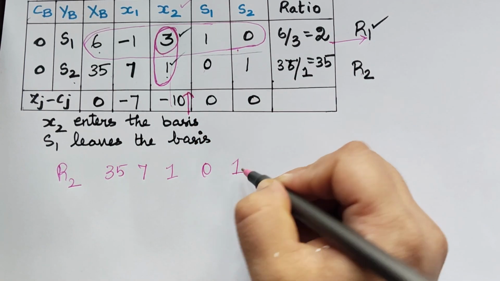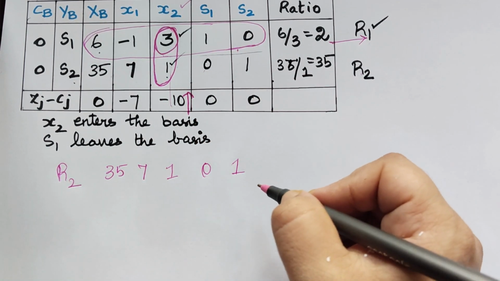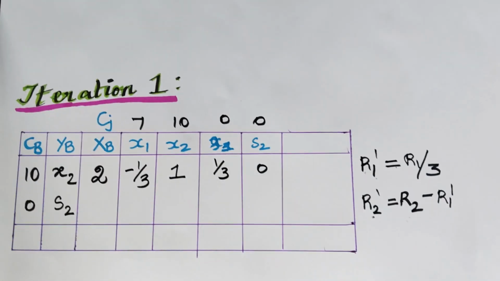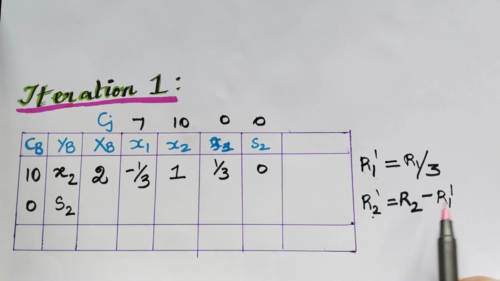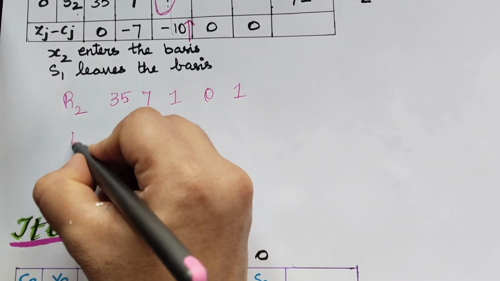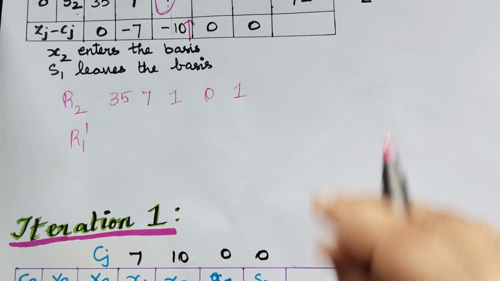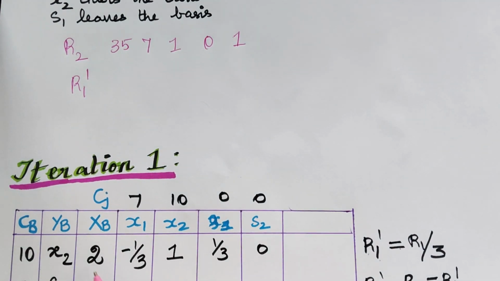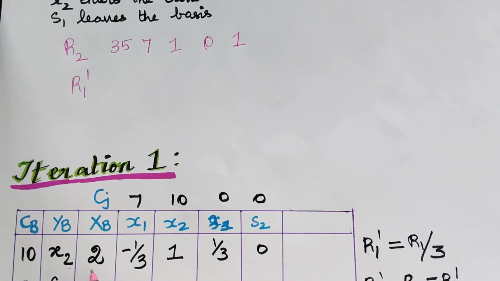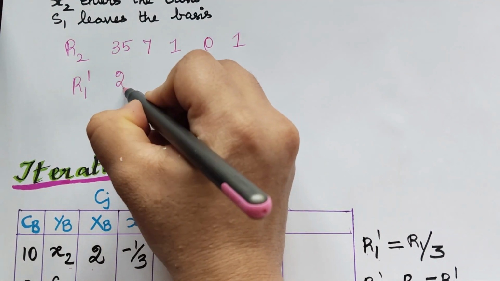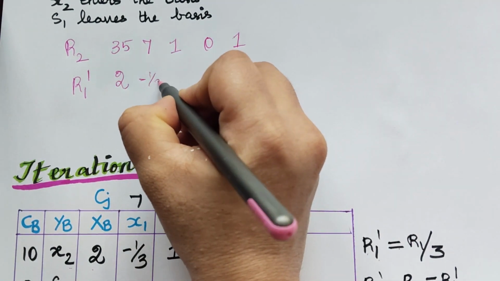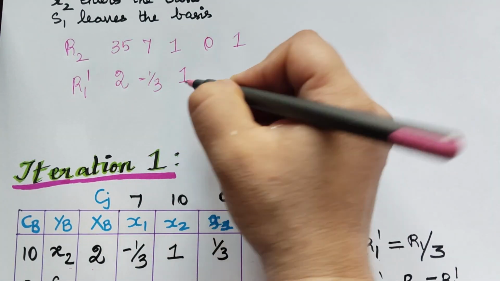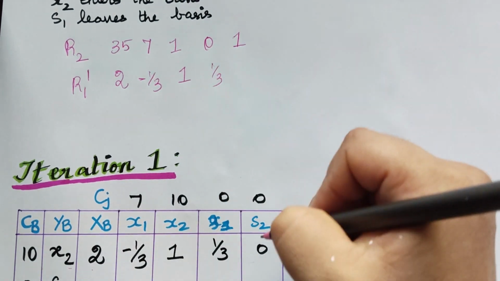So this is the row R2. Next we want R1 dash, because R2 minus R1 dash. So we will take and write R1 dash. What is R1 dash? These new elements are R1 dash. So 2 and then minus 1 by 3, 1, 1 by 3, 0.